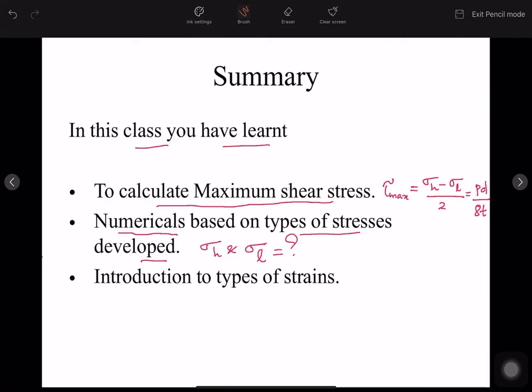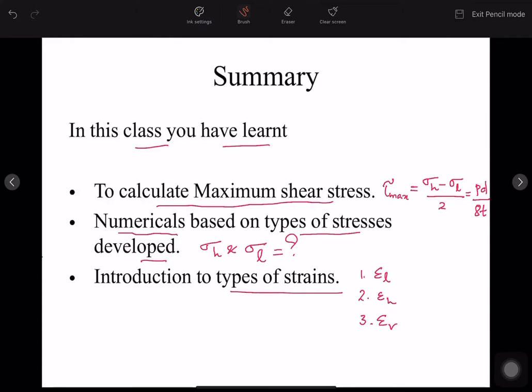And next, I have given just an introduction to the types of strains, and I have mentioned there are 3 types of strains: longitudinal strain epsilon L, circumferential or hoop strain, and volumetric strain.